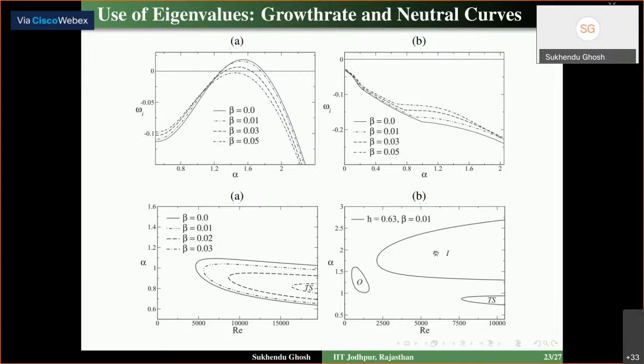Once you know the eigenvectors or eigenfunction, you can find the solution, and that solution can be used to find the total energy or disturbed energy inside the system. Based on the energy, you can tell what the source of instability inside the solution is, which you can control also. All those things are much more advanced.